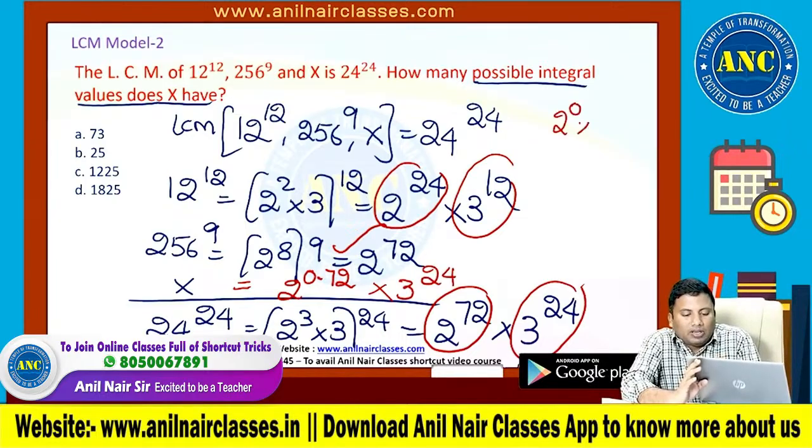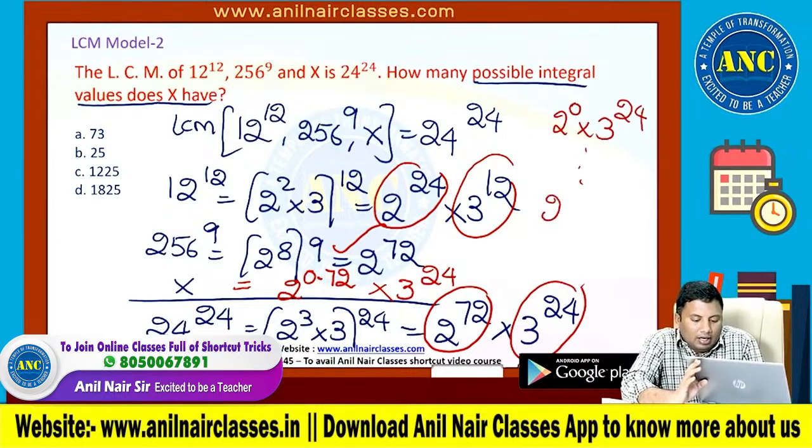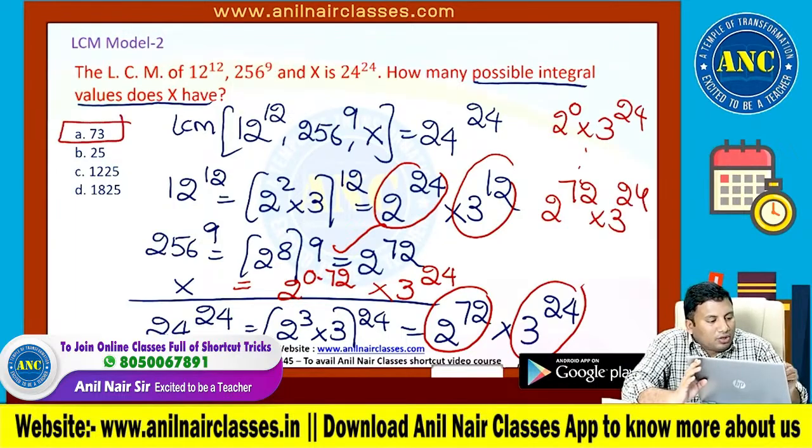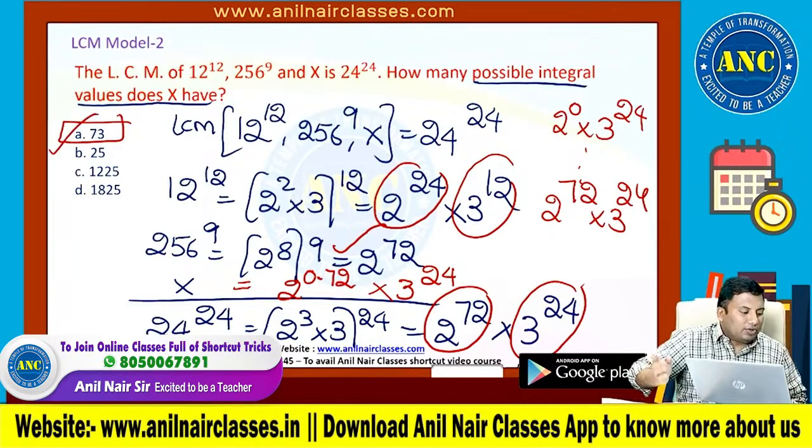So 2 power 0 into 3 power 24 till 2 power 72 into 3 power 24. 0 to 72 is 73 values.